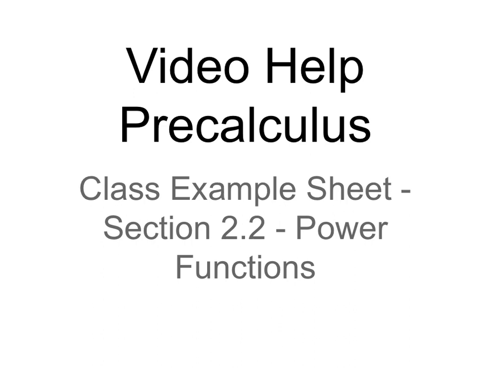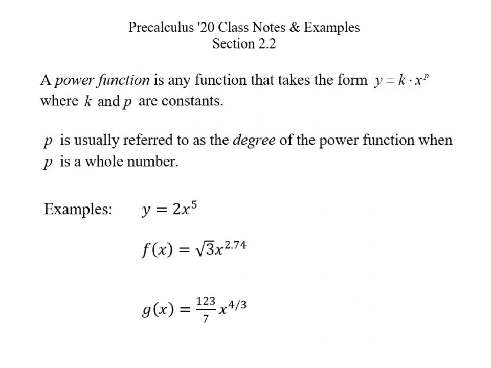So I'm going to talk about some of the problems you'll see on this sheet and should help you with completing everything on it. As you can see, pretty much as long as we can write a function in this form, where it's a constant number times the variable, can be x or whatever your independent variable is, raised to a constant exponent, then it's going to be a power function.